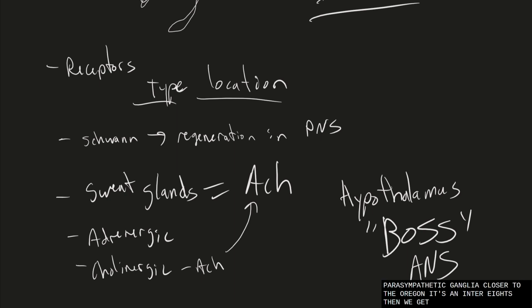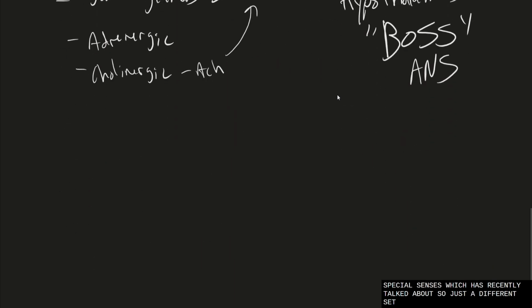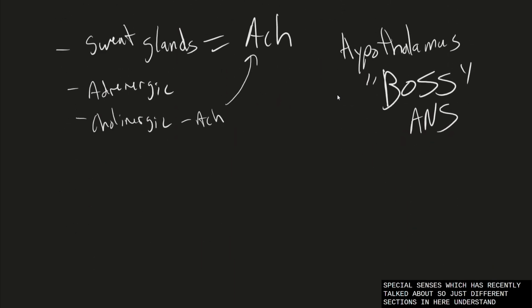Then we get finally to these special senses, which we just recently talked about. So just different sections in here. Understand the different parts of the eye. What's the sensory layer, which is responsible for focusing light rays on the eye, or like the lens.